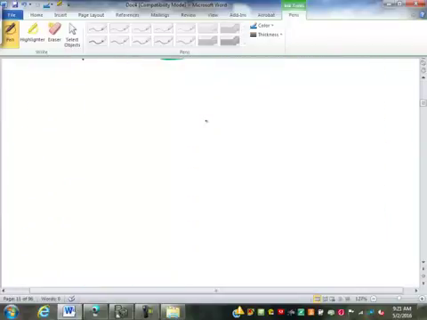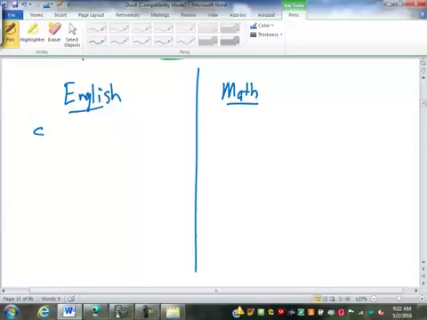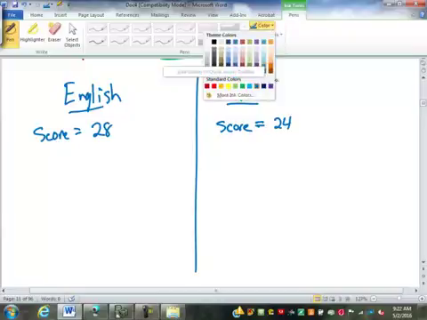All of you had to take entrance tests to get into school. And I know technically they call it communications and math, but we're going to call it English and math. Let's say on your English test, you scored a 28. And on your math test, you scored 24. Thinking, does that mean you're better at English than you are at math? Well, not necessarily.